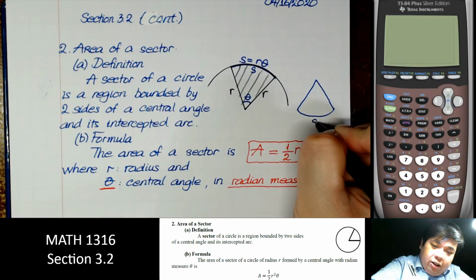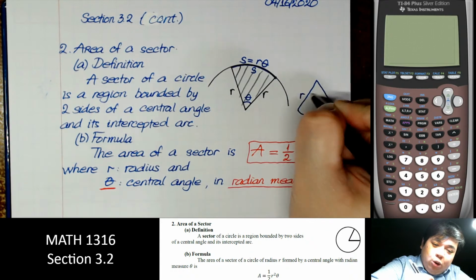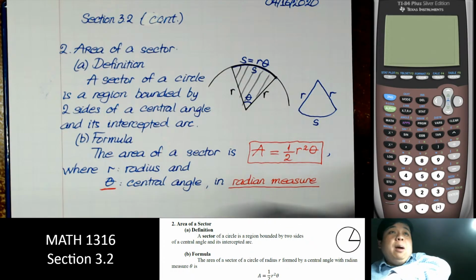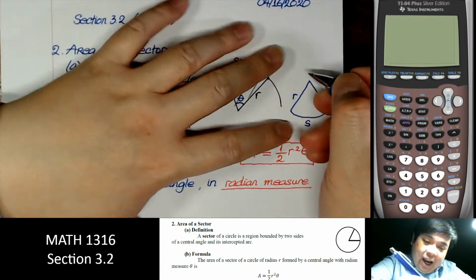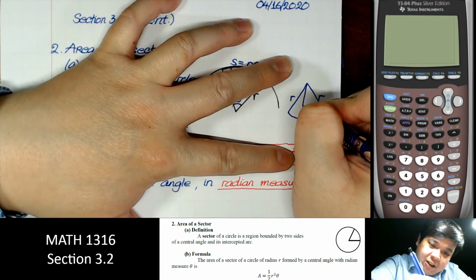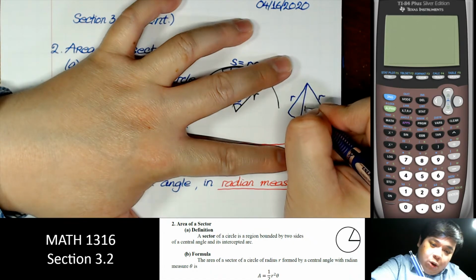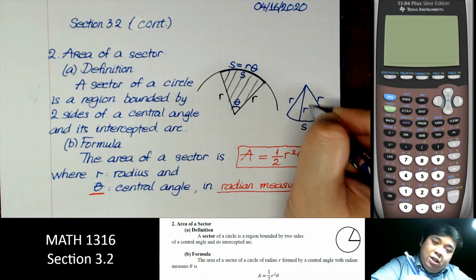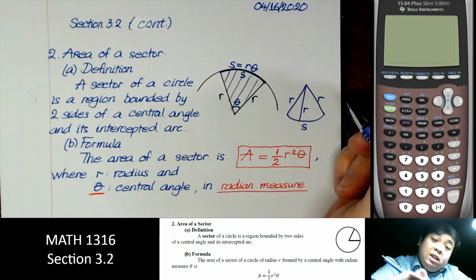This is the arc length S, and we have two radii here. If that is a radius, anything like this is also a radius, so we have a bunch of radii.